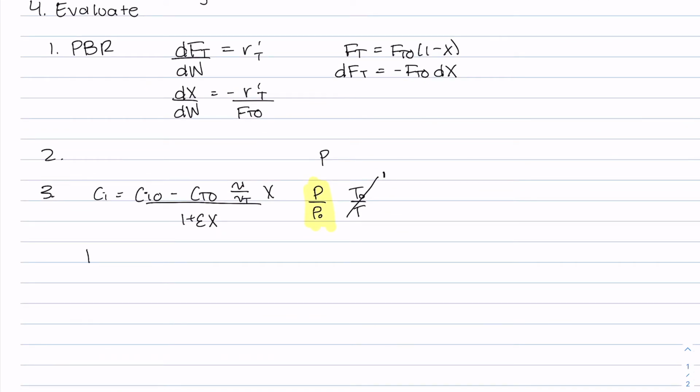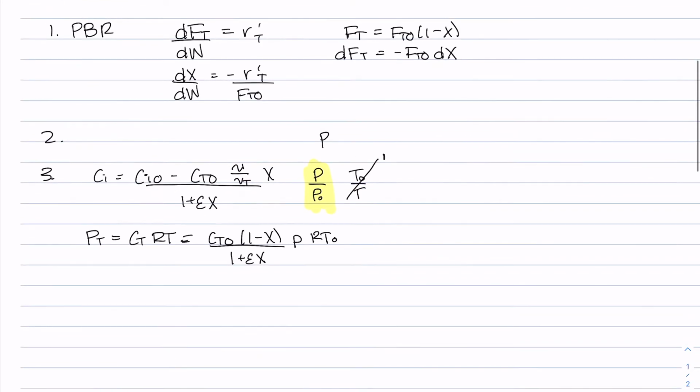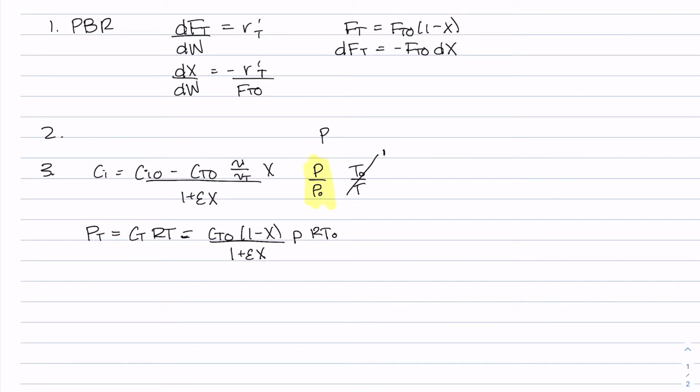We also know that the pressure of toluene is going to be equal to the concentration of toluene times R times T. Plugging in the equation above, we find that C_T0 times (1 minus X) over (1 plus epsilon X) times the pressure ratio times R times T_0 is equal to the pressure of toluene. We also know that C_T0 times R times T_0 is equal to the initial pressure of toluene.